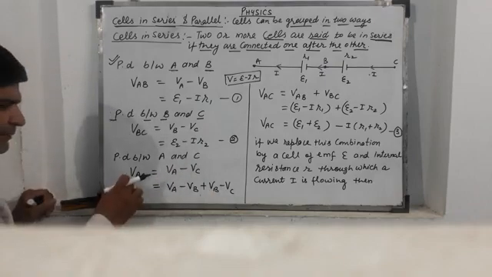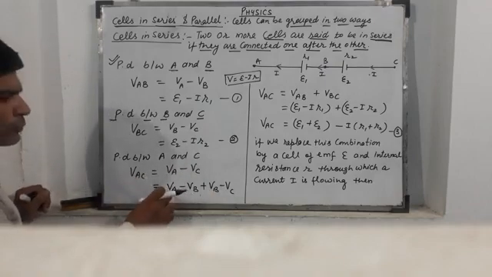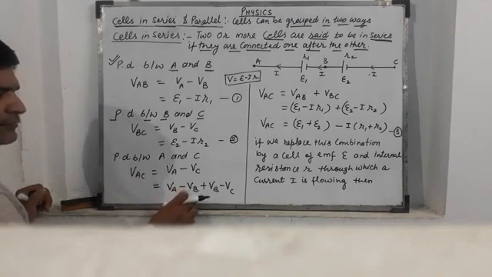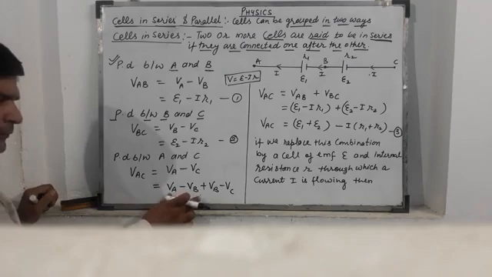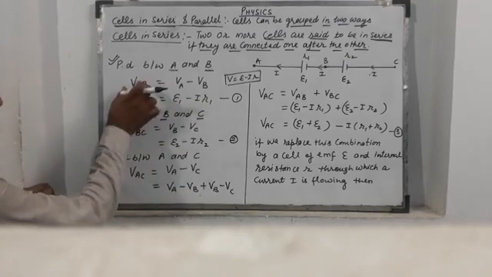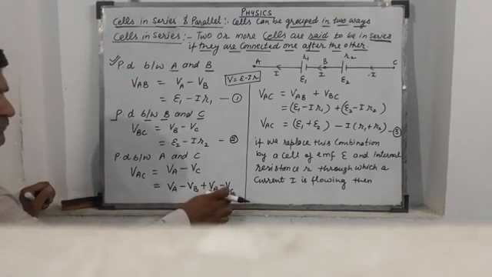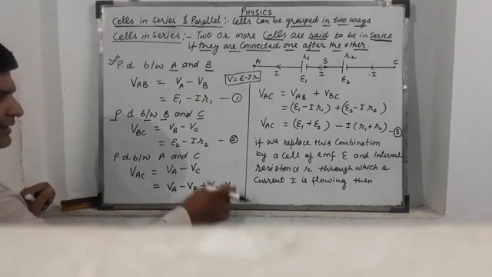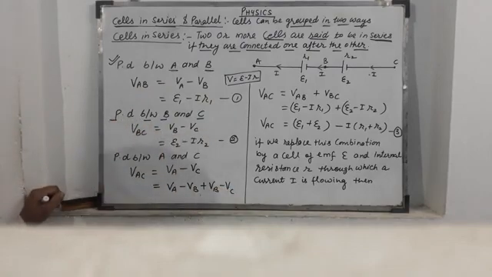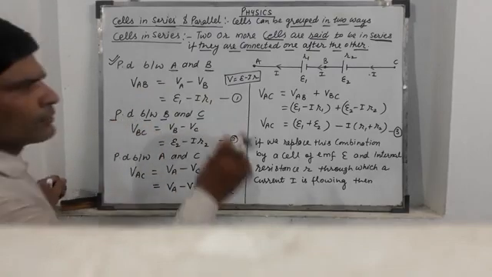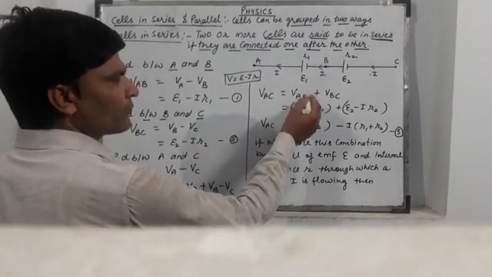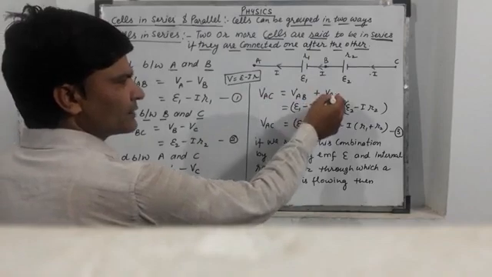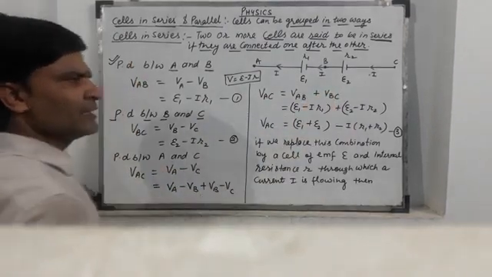So we get VAC is equal to VA minus VB plus VB minus VC. But VA minus VB is VAB and VB minus VC is VBC, so VAC is equal to VAB plus VBC.